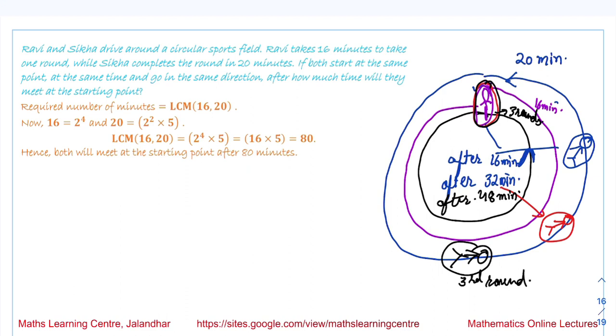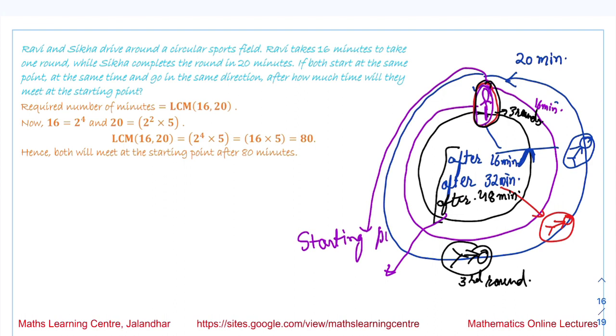Similarly, if we keep on moving like this, then a situation will come after some time when both of these will be at the starting point. We have to calculate that value.